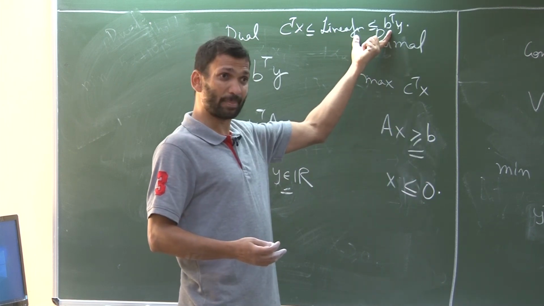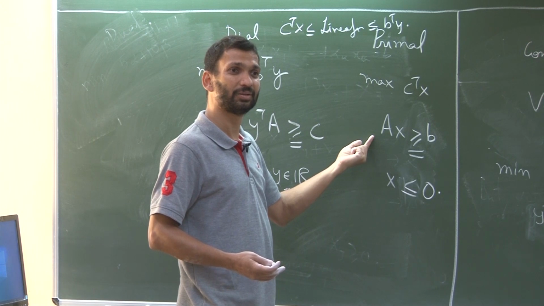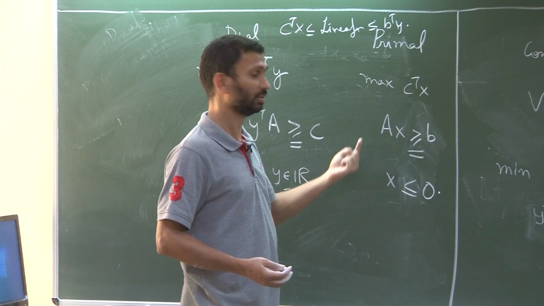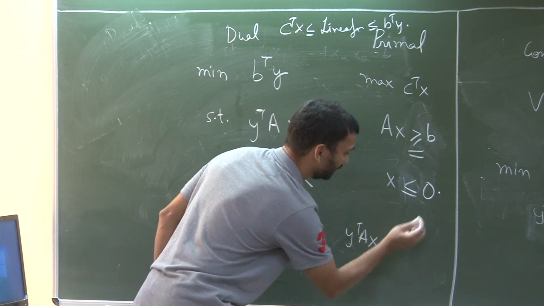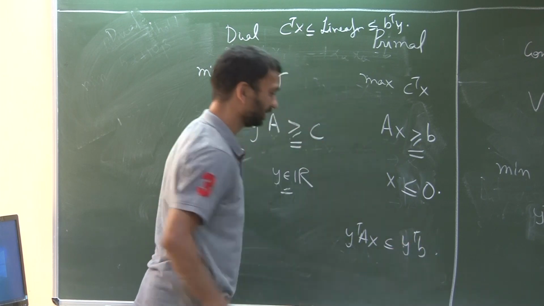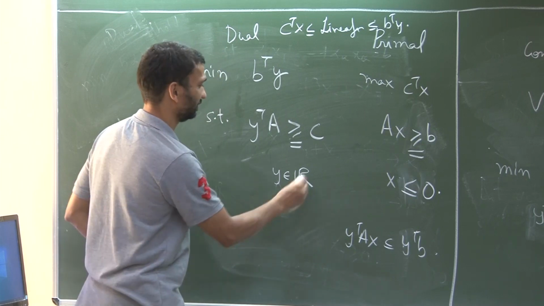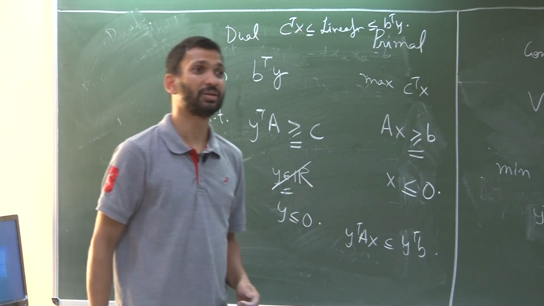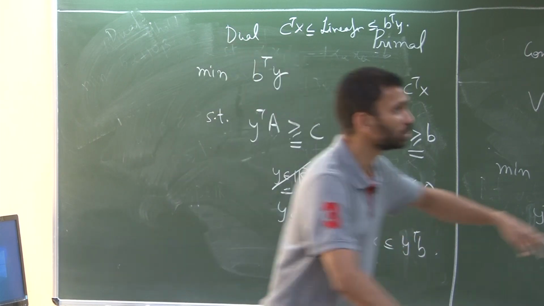Now for this to happen, I want Y transpose Ax to be less than Y transpose B. That will happen for which Y? Negative. Y transpose Ax less than B, because you are going to give this argument for your duality.